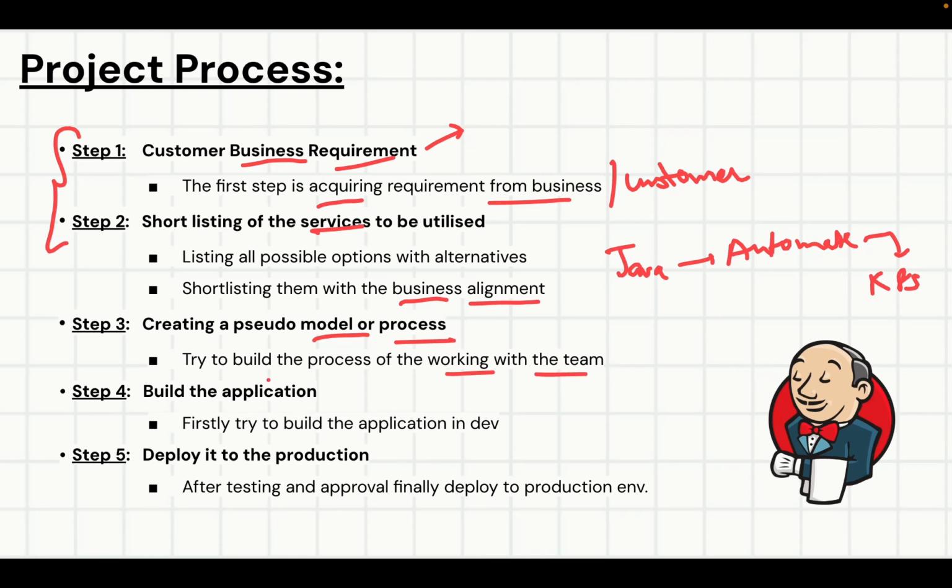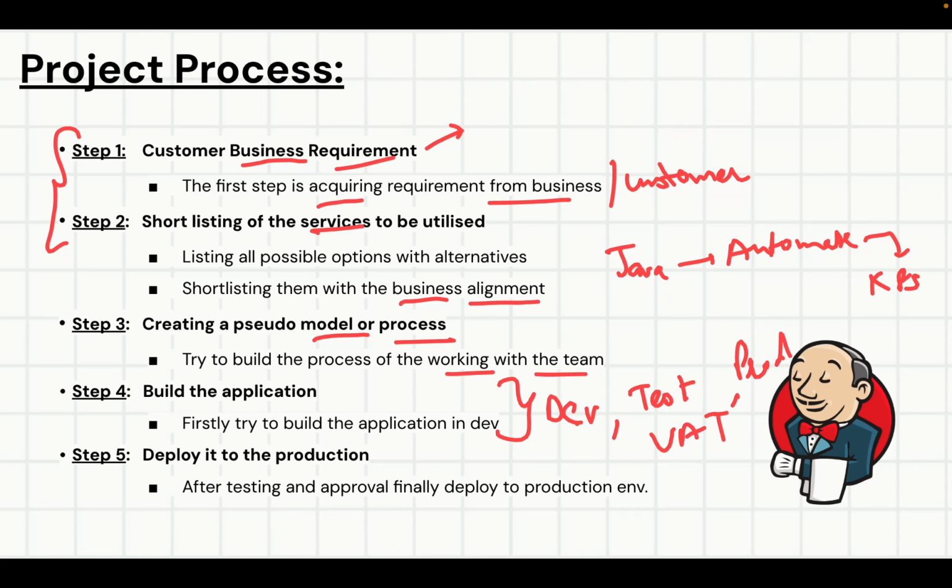Then we start building the application. First of all, it needs to be built in the dev environment. We can get several environments for working: dev, then testing. Some have UAT. Then finally, we have the prod environment, according to the business needs. So these environments are available.